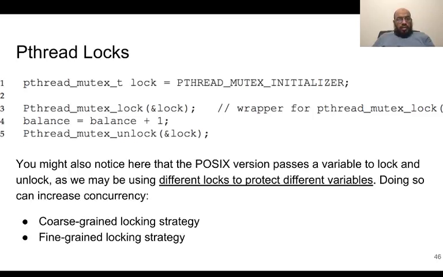You see that the POSIX version passes a variable to lock, which is the pointer to the lock. This is very important because you might be using the library. Even a single thread might be in need of acquiring multiple locks at the same time.